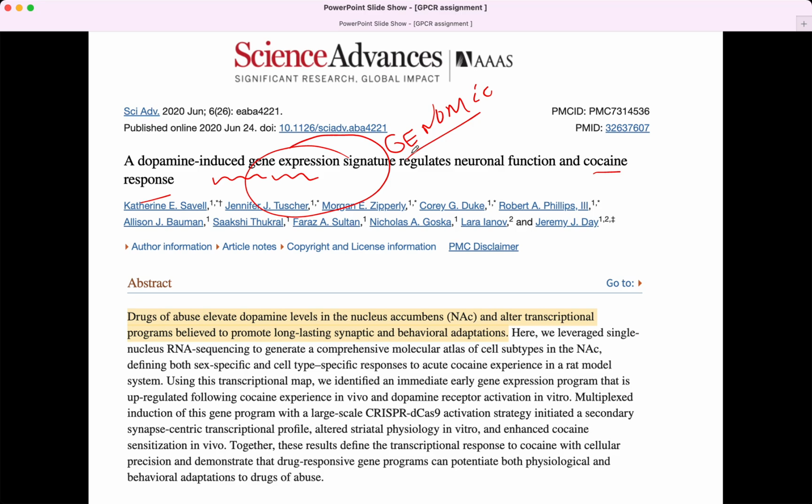And of course, it's a much more complicated story than this little slice of introduction, but drugs of abuse elevate dopamine levels in a region of the brain and alter transcription programs to promote long-lasting synaptic and behavioral adaptations, like addiction.